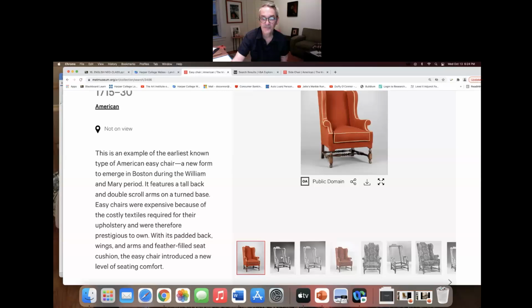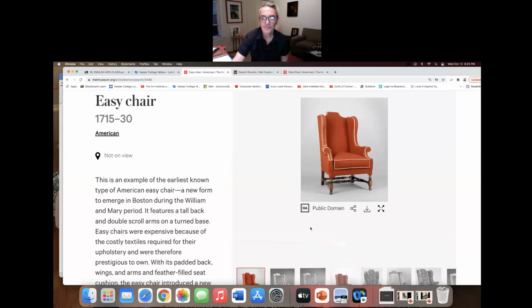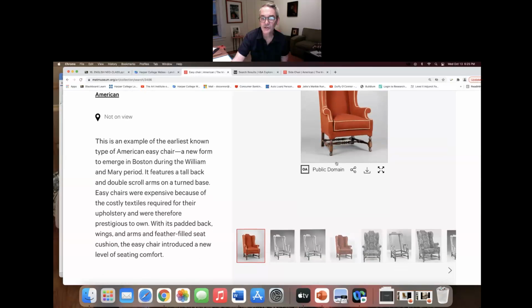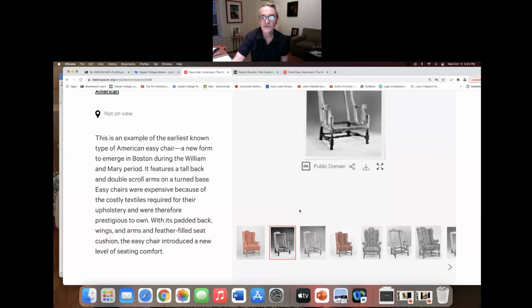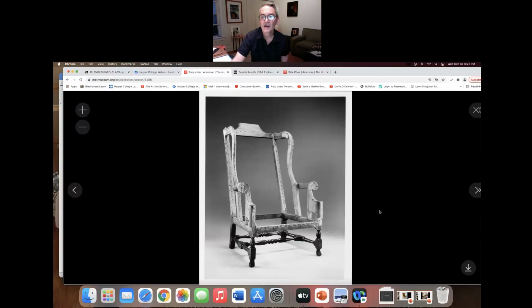And here, this is clearly new upholstery because they have pictures of the structure underneath. So if you have some of these furniture pieces that were found, the wood's in good shape, the upholstery's in tatters, which is what happens because you use it for decades or centuries and it gets worn out.